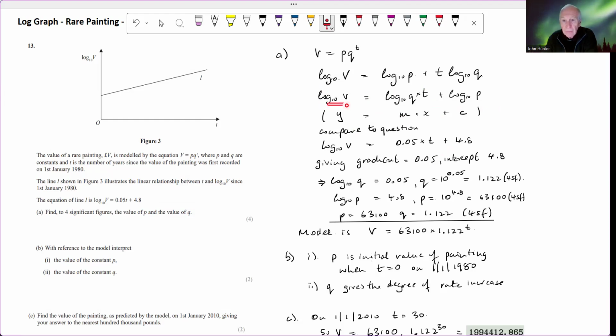This is your y, the vertical axis, which of course we've got over here. This is your gradient. This is your horizontal variable, and this is your intercept. All right. So now it's much more convenient to work with this, because now we're going to have a set of data points here. We'll have to take the log base 10 of the data points.